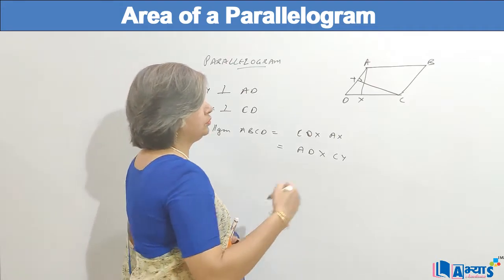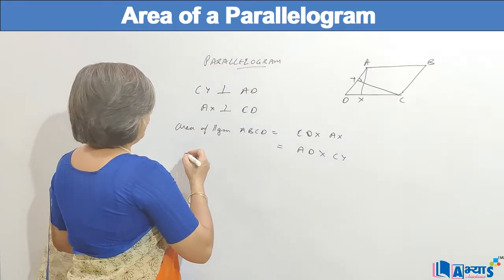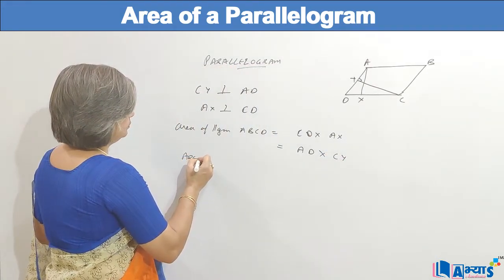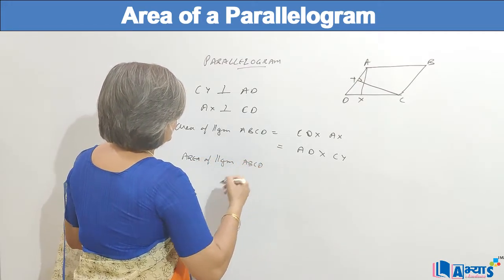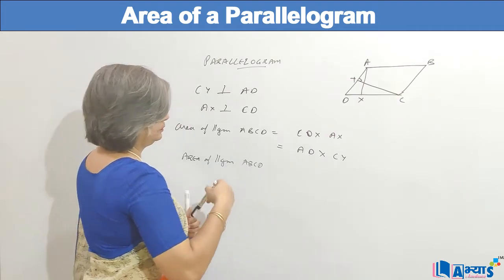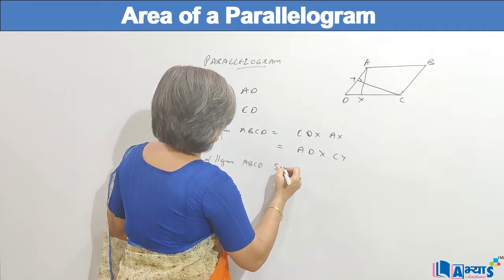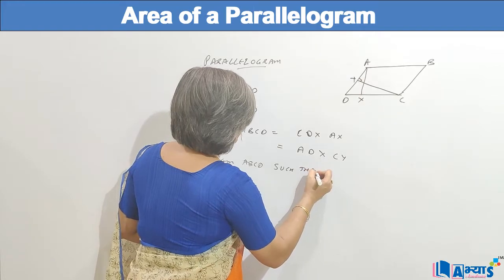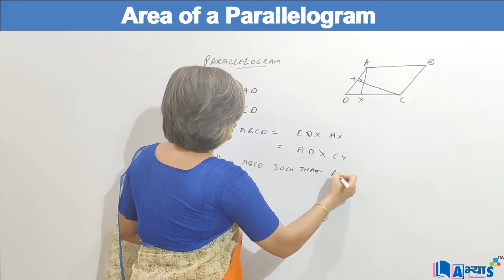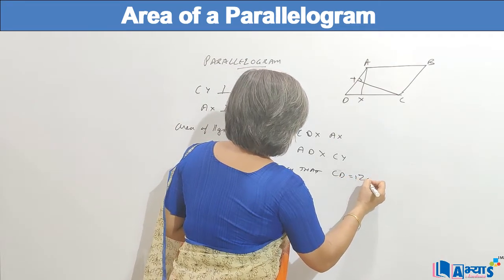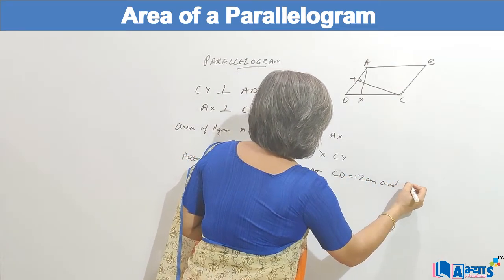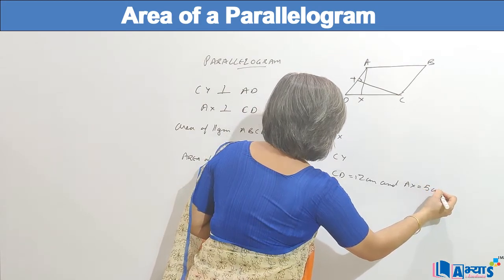Suppose we are given a question to find the area of a parallelogram ABCD such that CD is equal to 12 centimeters and AX is equal to 5 centimeters.